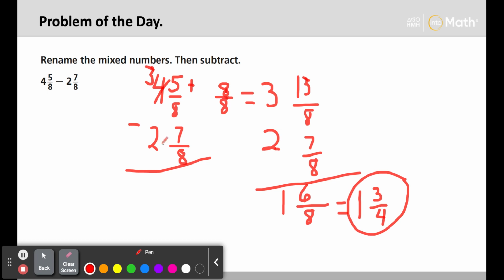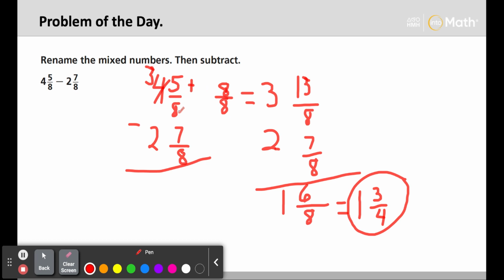Again, I shall repeat what I did. The problem was 4 5/8 minus 2 7/8. I cannot take 7 from 5, so I borrow a whole. The whole is 1, 8 over 8. Whatever this is, you just write it over itself and it becomes 1.